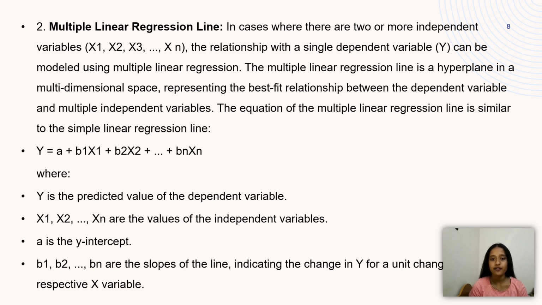This represents the best fit relationship between the dependent variable and multiple independent variables. y = a + b1x1 + b2x2 + b3x3 and so on up to bnxn. Here y is the predicted value of the dependent variable, x1, x2, and so on up to xn are the values of the independent variables, a is the y-intercept when x is equal to 0, and b1, b2 up to bn are the slopes of the line, indicating the change in y for a unit change in the variable x.